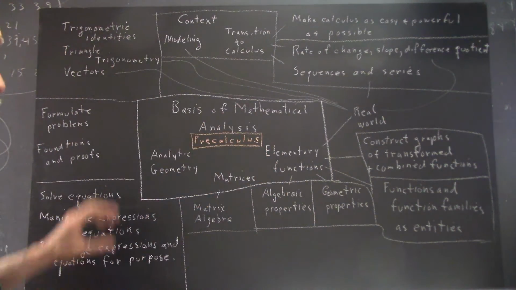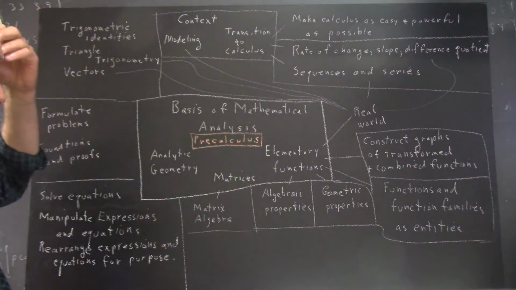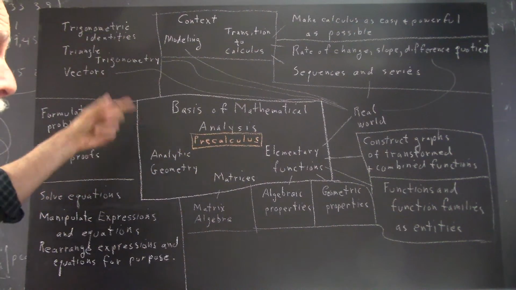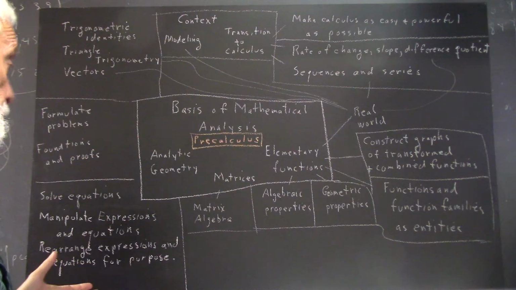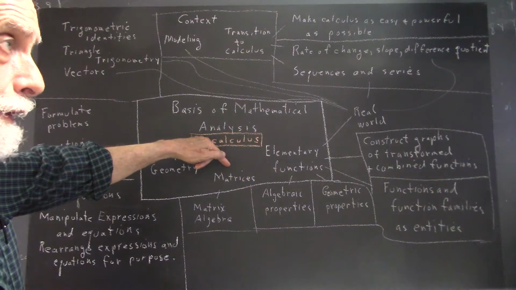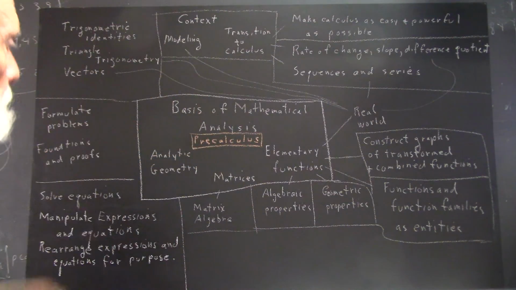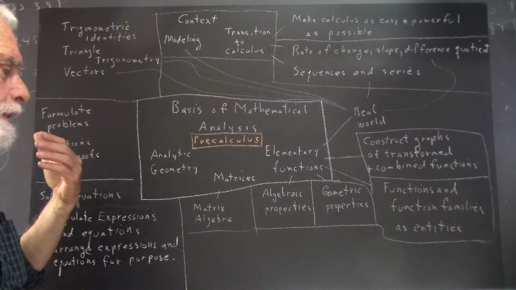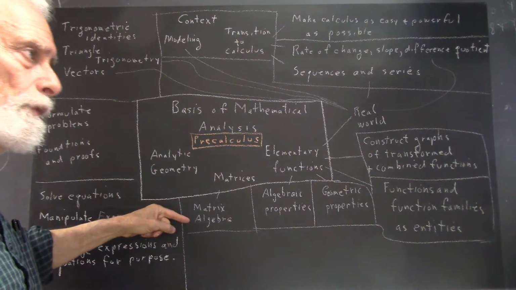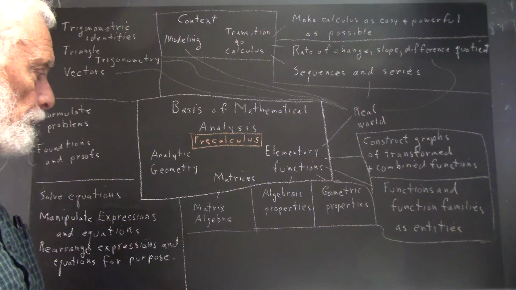There are a lot of other things we learn around these areas, but there's the analytic geometry, which basically starts with the equations of straight lines and moves through conic sections. Matrices, which we start usually with the idea of solving linear equations using various methods, including matrix algebra.